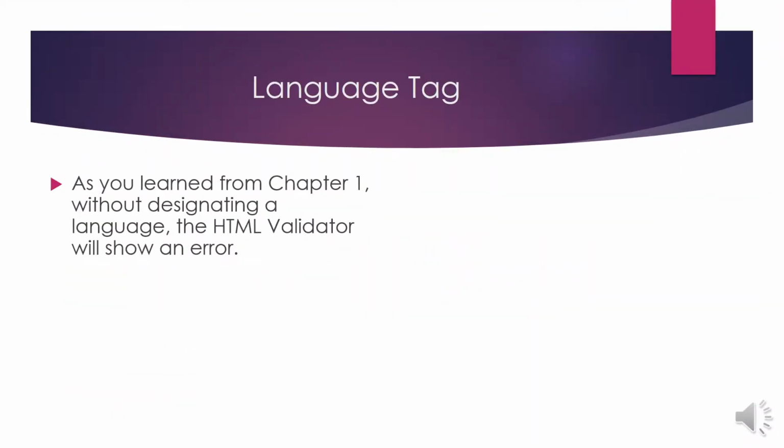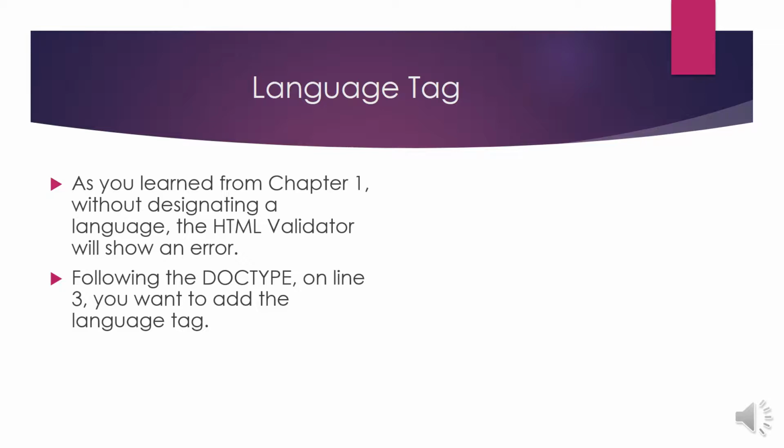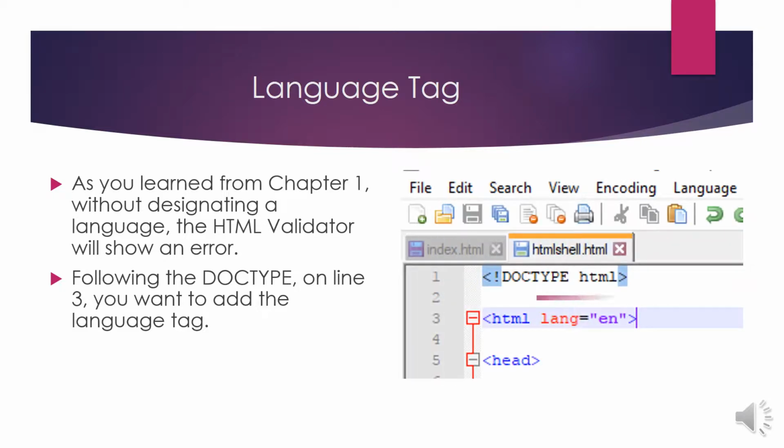As you have learned from Chapter 1, without designating a language for the website, the HTML validator will indicate that there is an error. So, following the doctype, on line 3, you want to add the language tag.